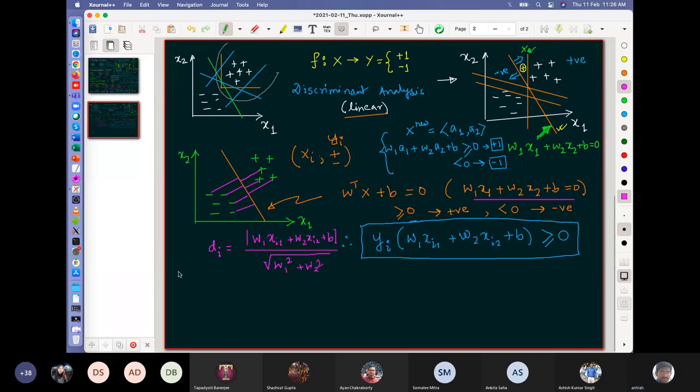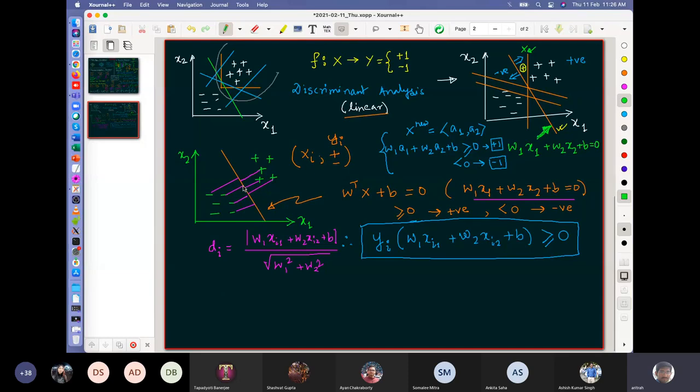It is coordinate geometry: the square root of the sum of squares of the coefficients in the denominator, and in the numerator we take the absolute value by putting the values of the point in the line. Right?